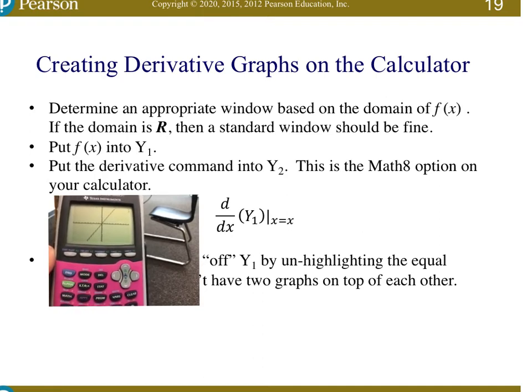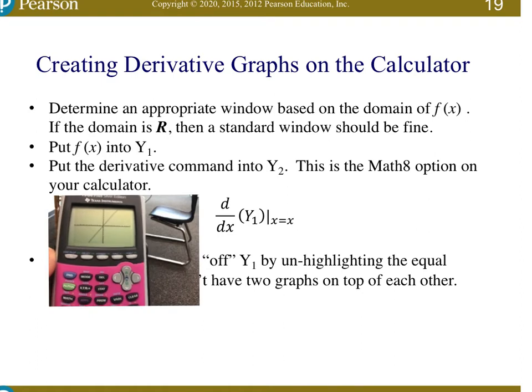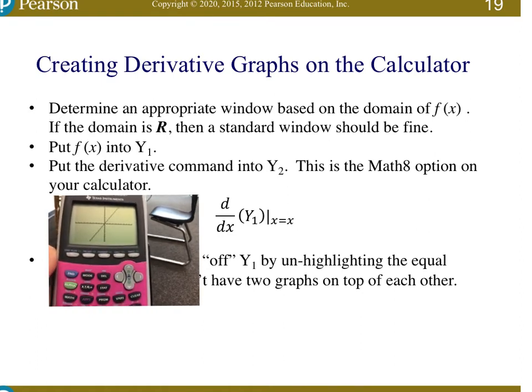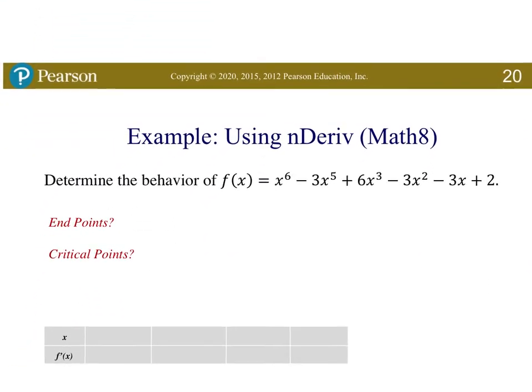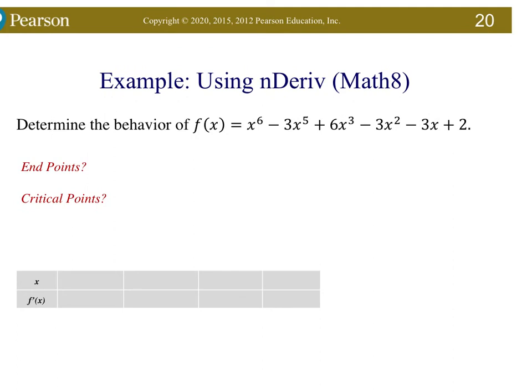All right, that was just a practice one, okay? Okay, so we are going to now do a more complex function, and we're going to take a look at the derivative.